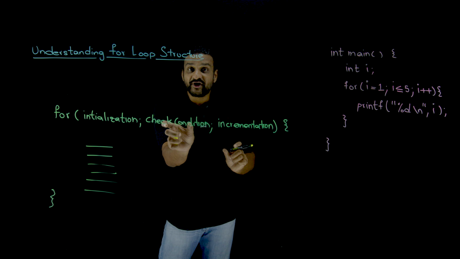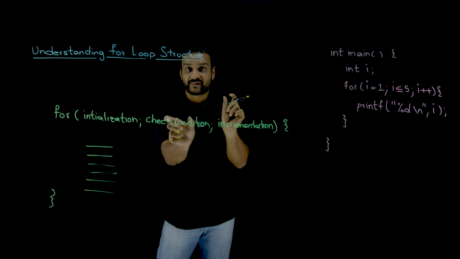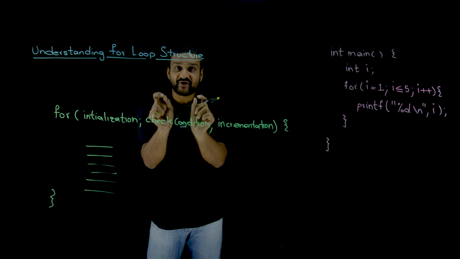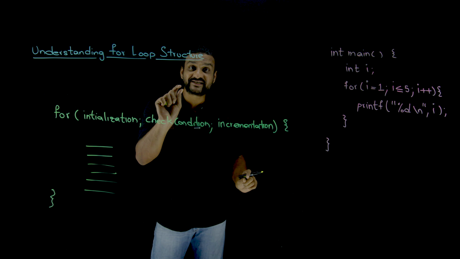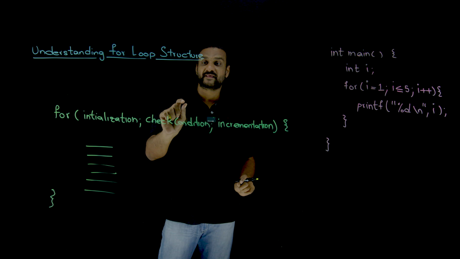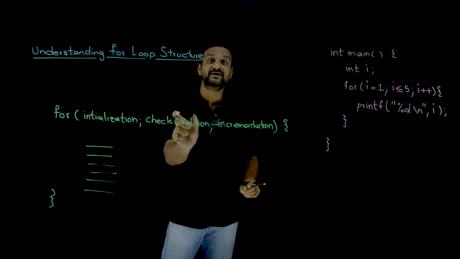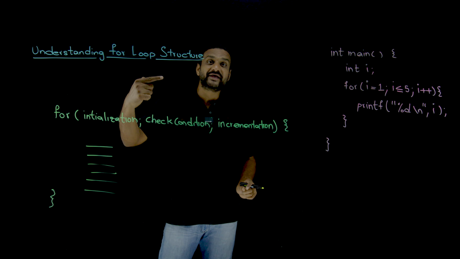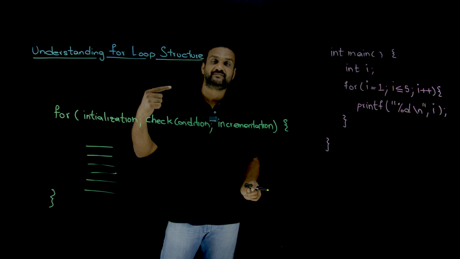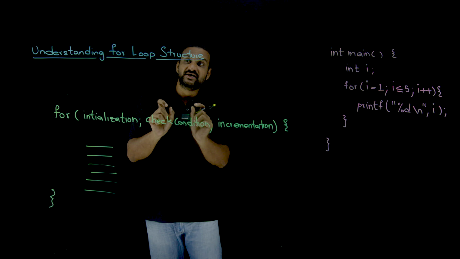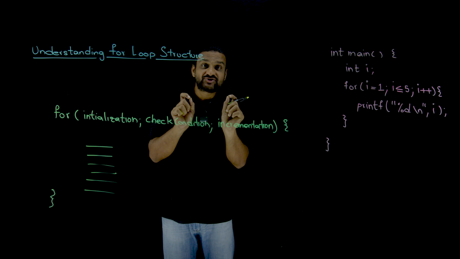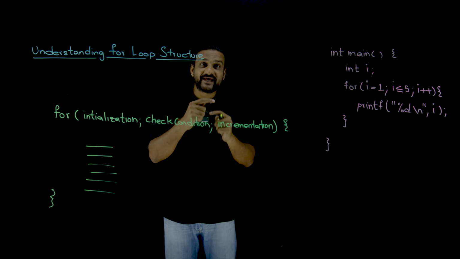Here we are going to check the condition. Now this condition is the very important part of this entire for loop, because this is where the decision is made. The for loop is going to decide whether to iterate the loop again or not. Try to understand this, as the job of these loop structures is to do the repetitive work again and again.